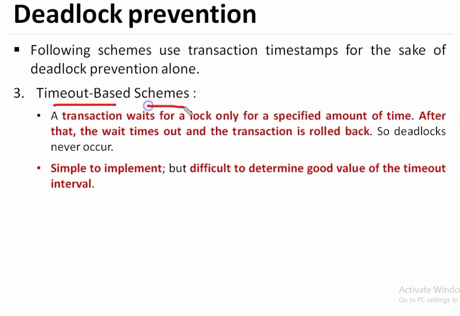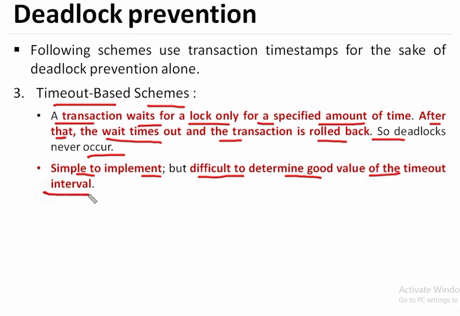Timeout-based scheme of deadlock prevention. A transaction waits for a lock only for a specified amount of time, and after that the wait times out and the transaction is rolled back, so the deadlock never occurs. It is simple to implement but difficult to determine a good value of the timeout interval.